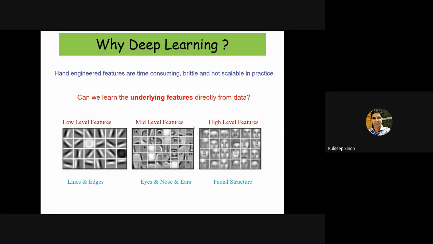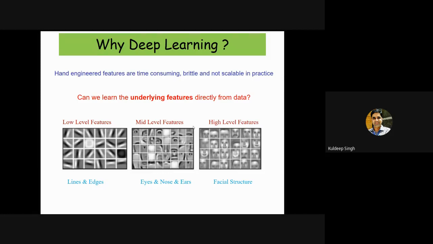As we go deeper, mid level features like eyes, nose, and ears are constructed using these low level features. By combining these mid level features, we can constitute high level features like facial structures in the later or final layers of the convolutional network.